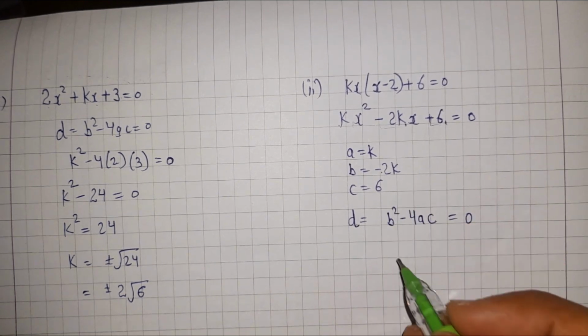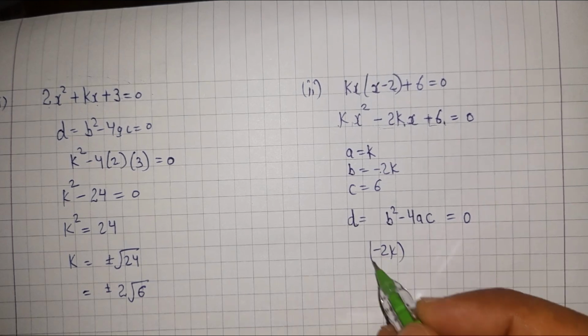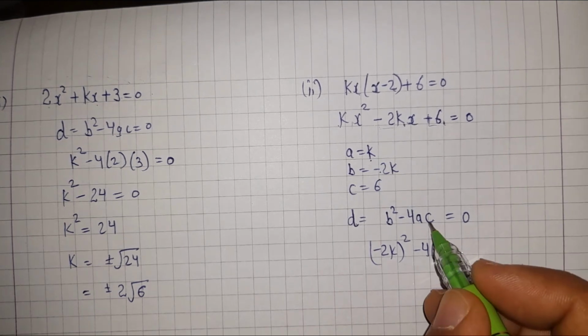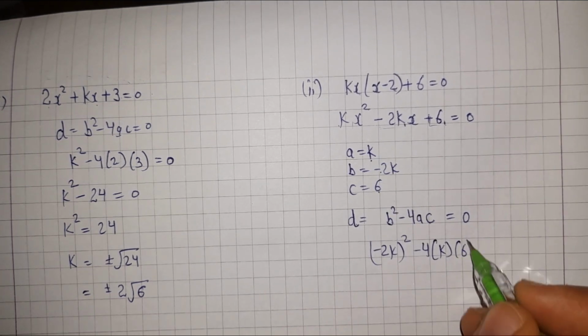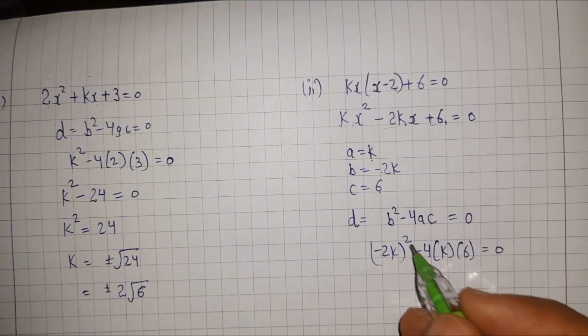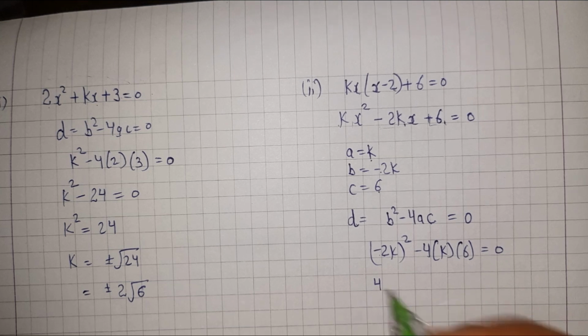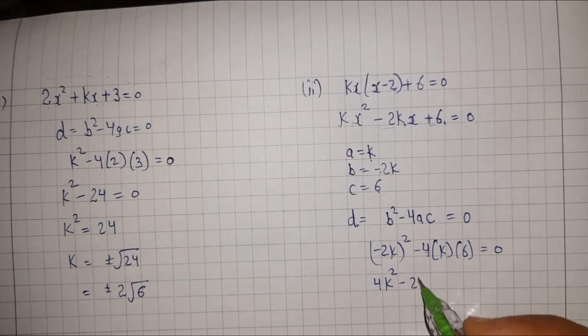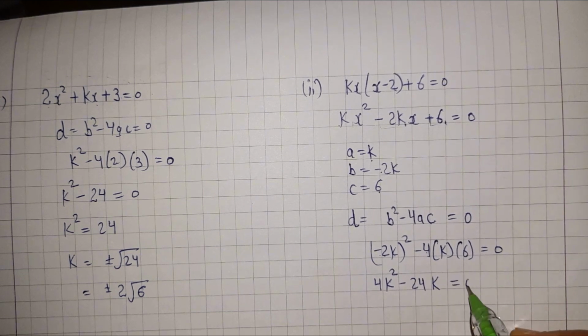B square, that is minus 2k whole square, minus 4 times a equals k and c equals 6. Minus 2 whole square is 4k square, minus 4 times 6 is 24k, as it is, equals 0.